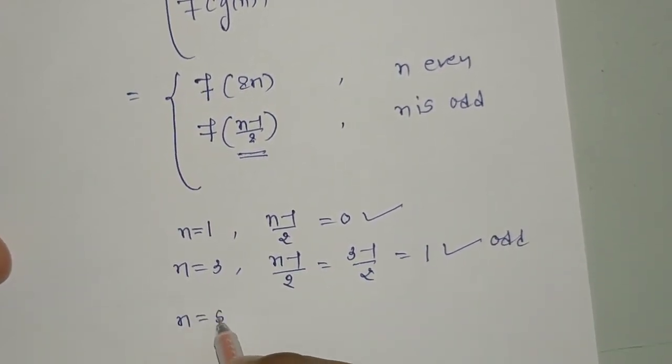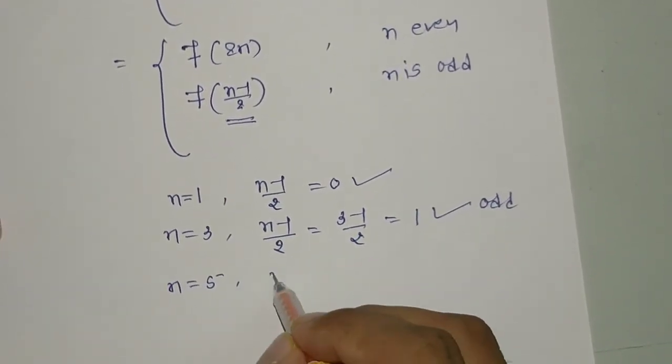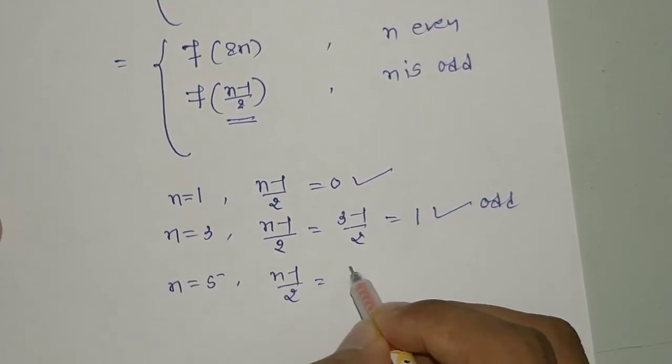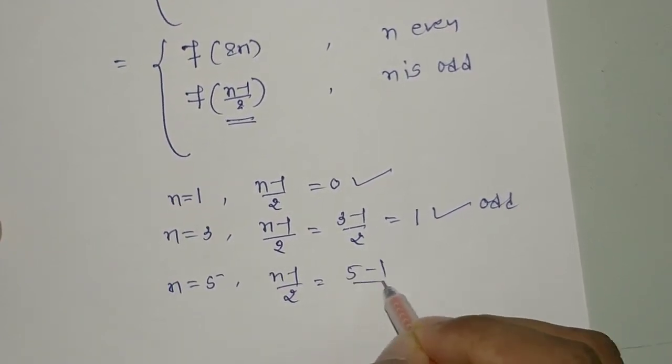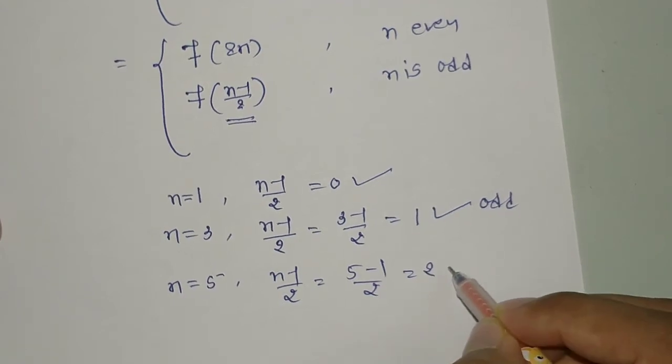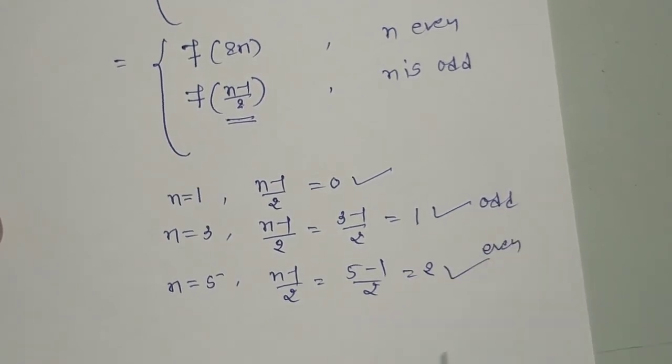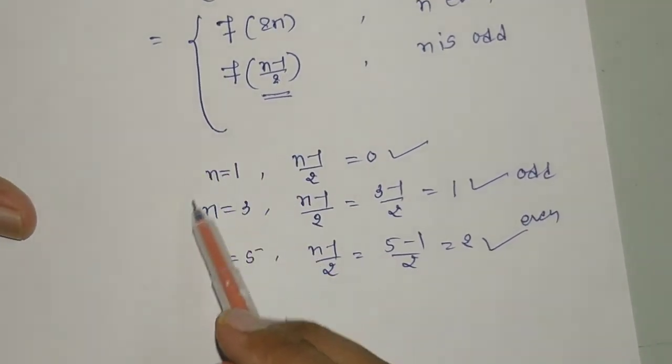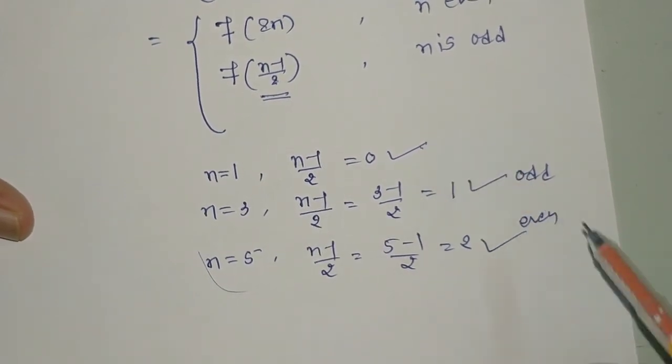If you put n equals 5, we'll get n minus 1 by 2 equals 5 minus 1 by 2 equals 2, which is even. So for different odd values, we'll get even and odd terms.